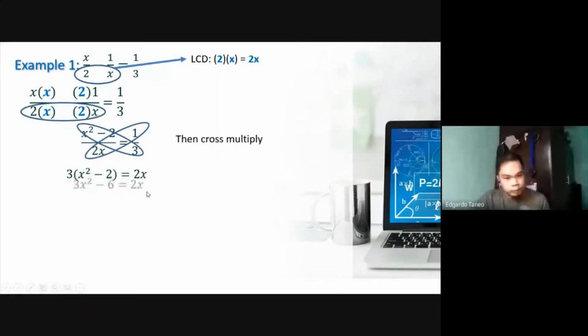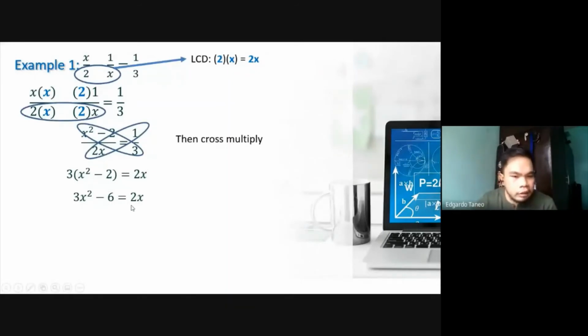Then, distribute 3. I-distribute natin si 3 kay x squared minus 2. 3 times x squared is equal to positive 3x squared. 3 times negative 2 is equal to negative 6. Then copy 2x.